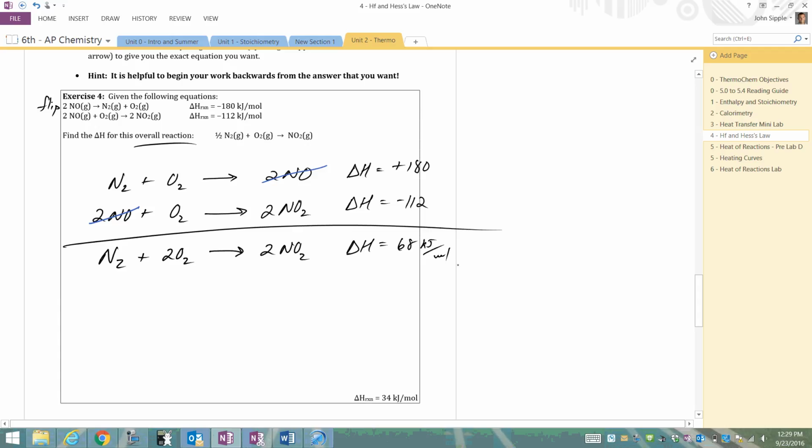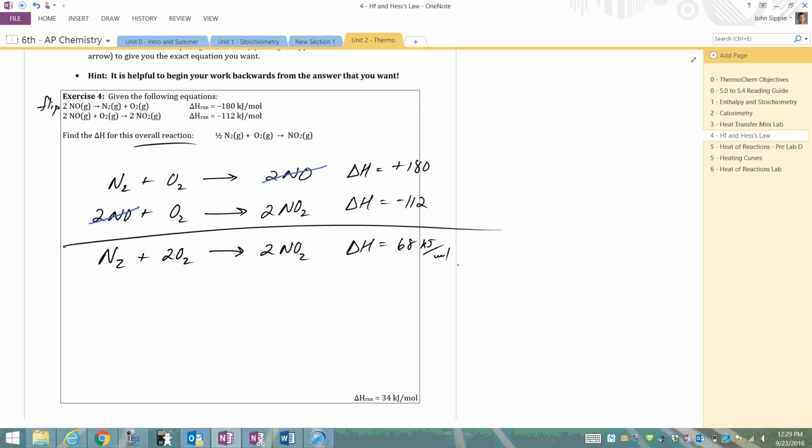Now, am I almost to my overall reaction? Is that exactly my overall reaction? No, I need to do one more thing here. What should I do? Yes? Yeah, I need half of it. So I'm going to divide the whole thing by 2. At the end, I can still manipulate it.